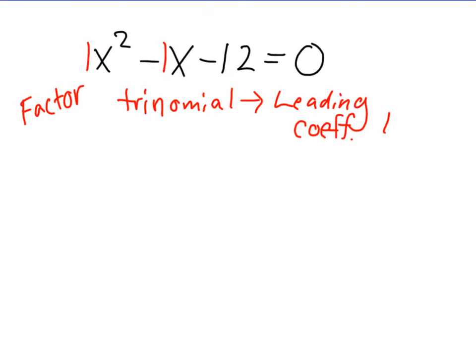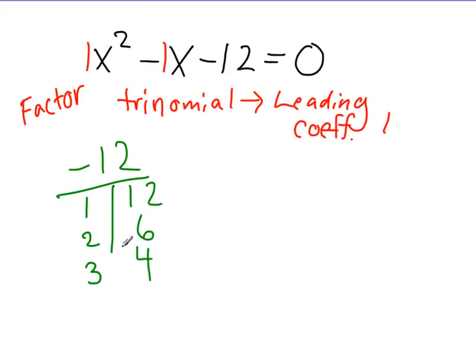So this causes us to look at our C value, which is negative 12, and find factors of 12, like 1 and 12, 2 and 6, 3 and 4, and since we've repeated ourselves, we found all factors. Now, you're probably going, well, it's negative. What do I do? Positive times a positive is not a negative, and you'd be right.